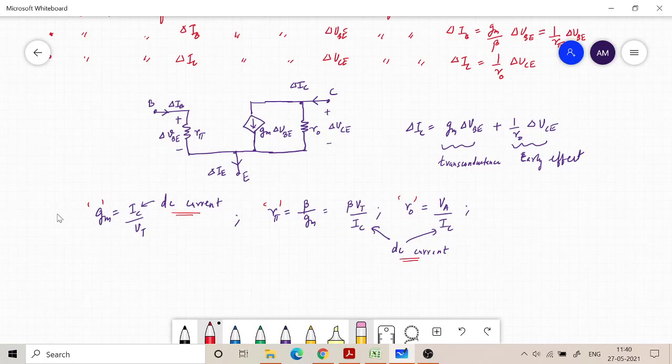In order to draw the small signal equivalent of a BJT, first of all we need to do the DC operating point evaluation and find out IC, then substitute the values of IC in these parameter equations, and you will get GM, R pi and R naught, which you can use to draw the small signal equivalent circuit.